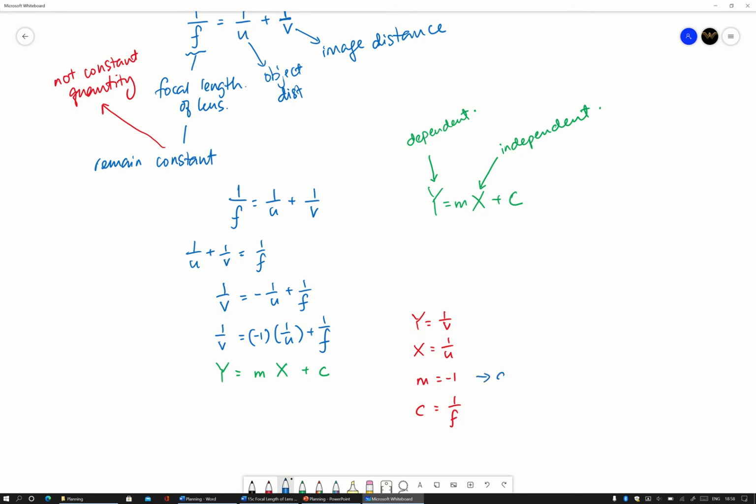And the m is the gradient, and the c is the y-intercept. There you have it. From the graph, we can actually obtain focal length of the lens. This is the kind of information that we will get.